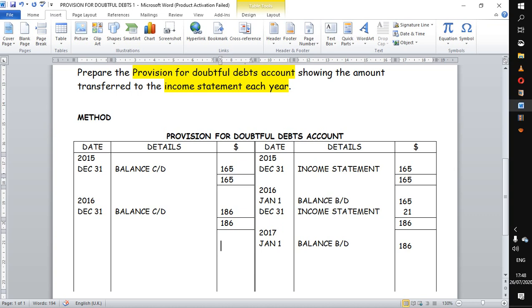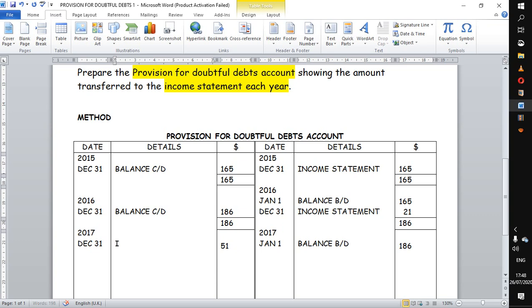So 186 minus 135, from calculator you get 51. So 51 is the decrease that we want, and this decrease is happening in 2017, December 31. But how do we describe this?